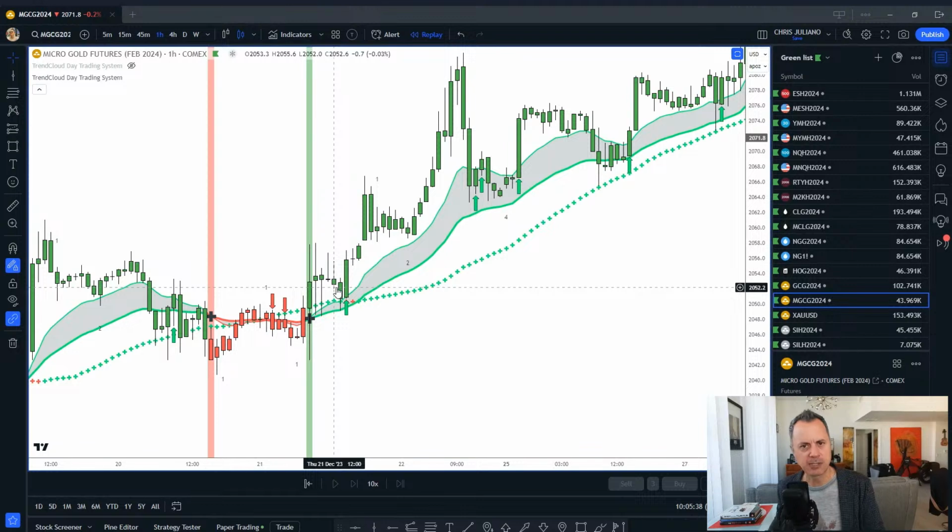Take that $2,000, put it into a stock portfolio, and start accumulating large cap stocks: Amazon, Apple, Google, the big stuff. Don't worry so much about speculating. Just go for the large cap and start accumulating whenever you can, on those TrendCloud signals to the upside.